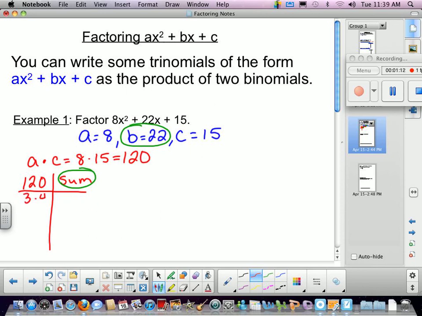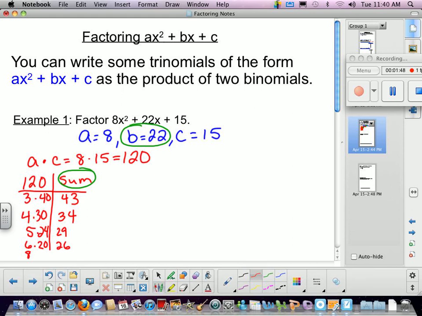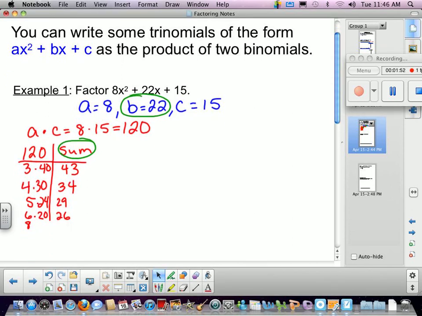I'm going to start at 3 and 40, which gives me 43. 4 and 30 would give me 34. 5 and 24 would give me 29. 6 and 20 would give me 26. 8 and 15 would be 23.